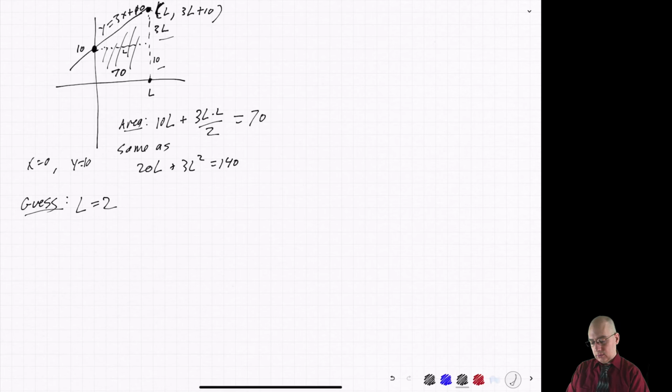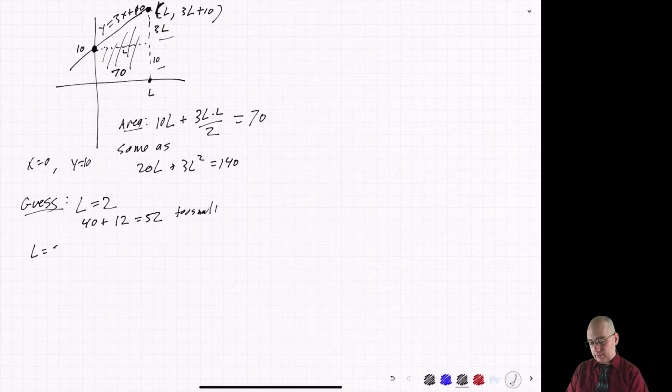So, 20 times L is 40, plus 3 times L squared is 12, and that's equal to 52. Too small. All right, so let's up our game. We're not that far off, relatively speaking. Let's try 5.